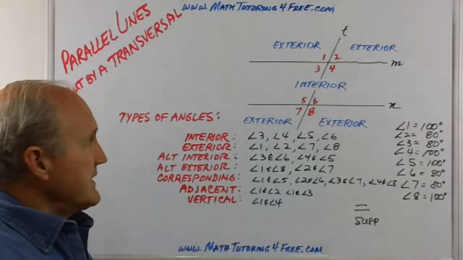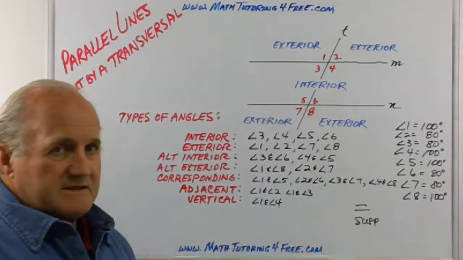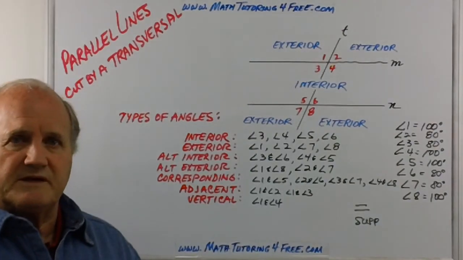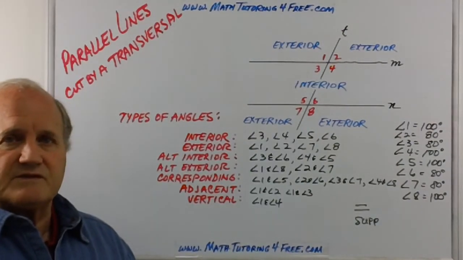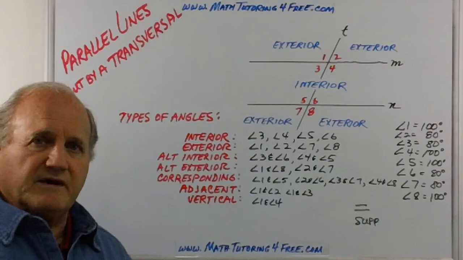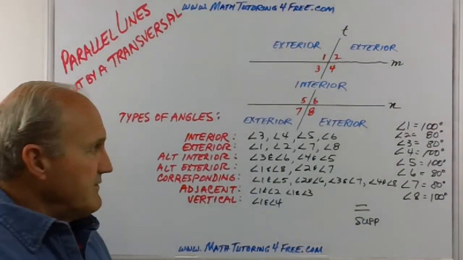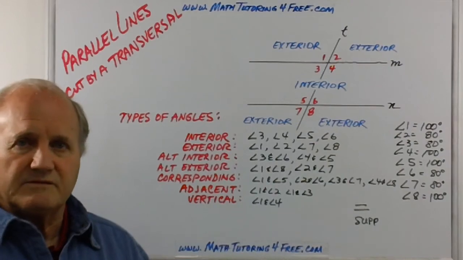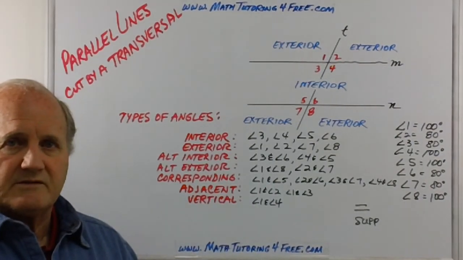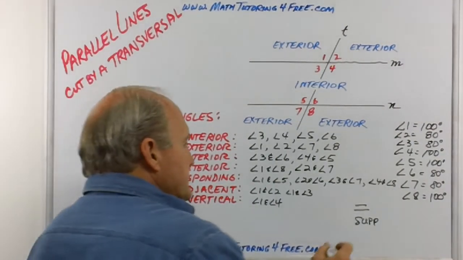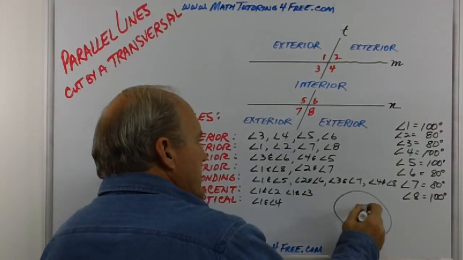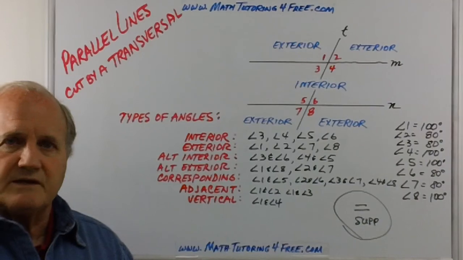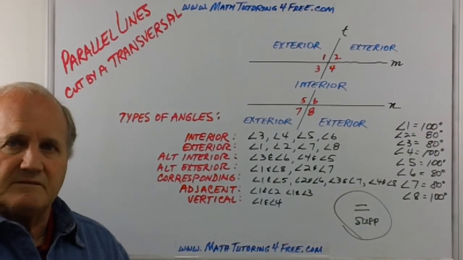So you need to look at them and say, oh, if I know 6 and I'm asked for 5, I can say, oh, they're supplementary, they're next to each other. So if 6 is 80 degrees, then 5 must be 100. If they are vertical to each other, they're equal to each other. So recognize this. Once you know one, you know the others, and there's only two values. They're either equal to each other or they're supplementary to each other.